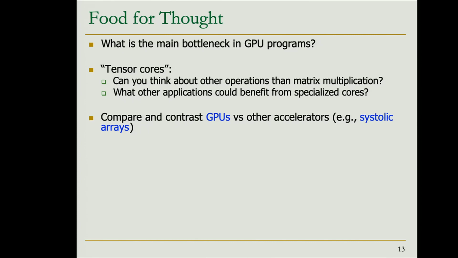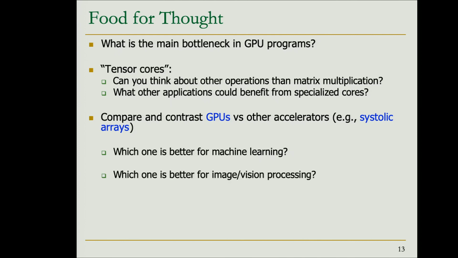I think that we might not cover systolic arrays in this course, but if you are interested, you can watch Professor Mutlu's lecture in Design of Digital Circuits. And you will start figuring out what the differences are, and maybe, at some point, it would be nice to combine both paradigms. Which one is better for machine learning? Try to answer that. Which one is better for image and video processing?